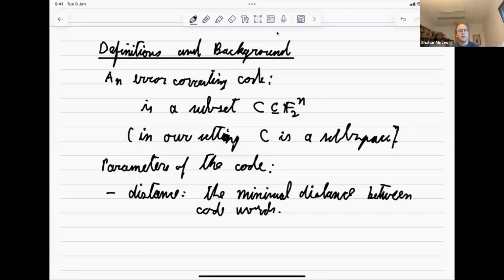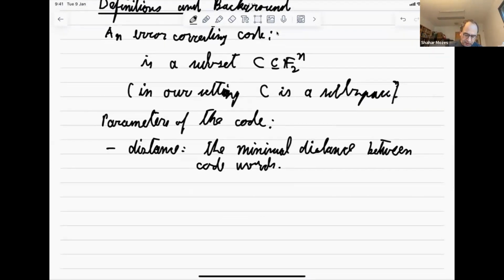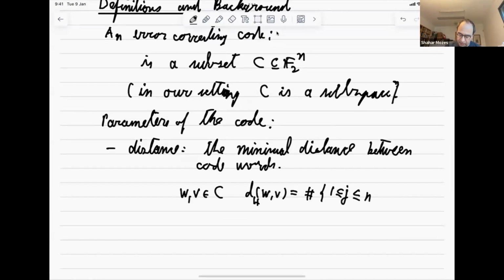Since we are going to speak about linear codes, it's just the minimum number of ones in a non-zero code word. If you take two words W and V in C, then the distance between W and V is the Hamming distance: the number of j's between 1 and n so that Wj is not equal to Vj. We are going to look at the normalized distance, the distance divided by n.